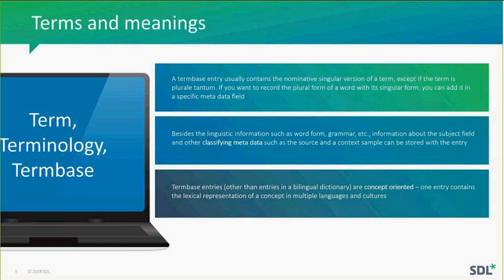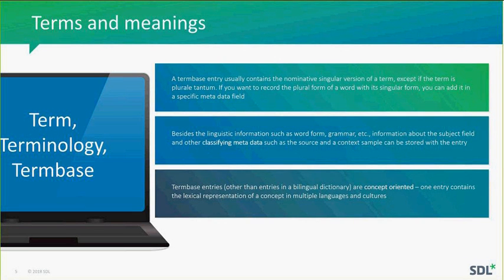Maybe you want to store a picture. If you do machinery translations a lot, then it's really good to store also pictures with terminology entries, because the picture often says more than a word. So you can also use metadata like that to put along with your term pairs.